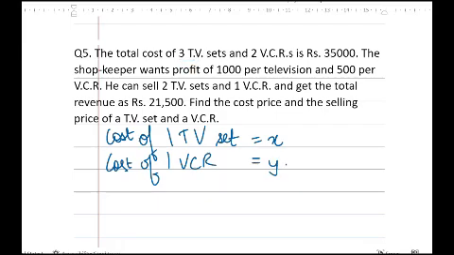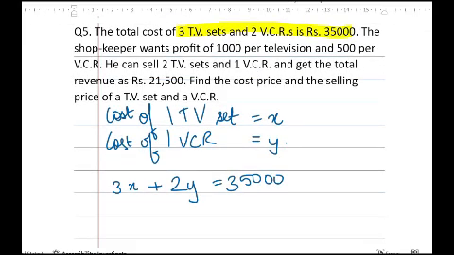And from this line over here we can get an equation which says 3x plus 2y is equal to 35,000.